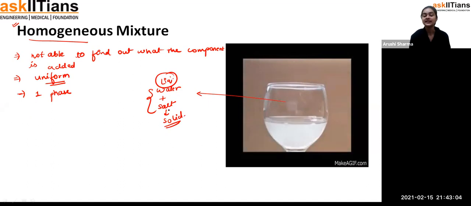But when you mix these two and the salt dissolves in the water, we have only one liquid phase, that is the water. So homogeneous mixtures are those where after mixing you will not get an idea of what you have added, and it will be uniform throughout, and you will get only one phase, as we are getting here. So that is the homogeneous mixture.